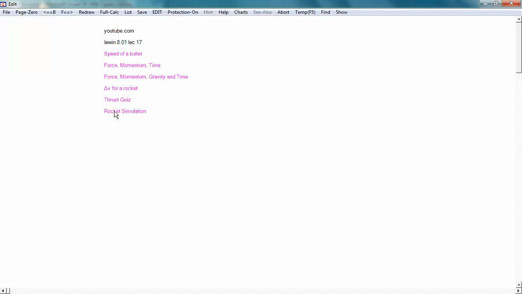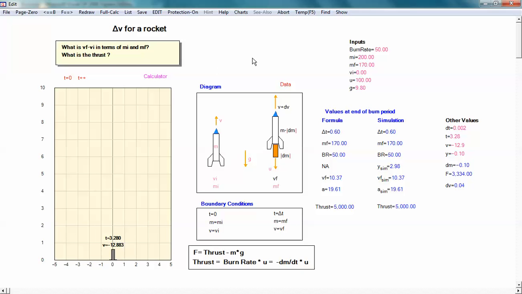So we go to our rocket simulation, and let me just fire it off again, and then we'll talk about the results. So here's our rocket taking off, burning fuel. Remember, as it burns the fuel, the mass of the rocket fuel complex is decreasing, and the rate at which it's burning fuel is dm dt.